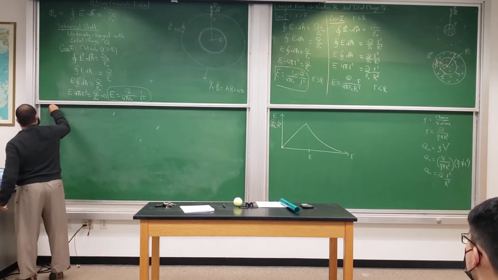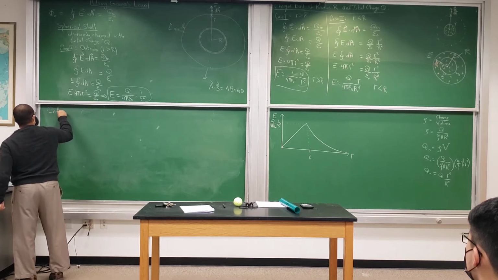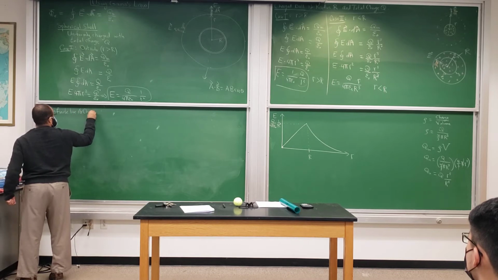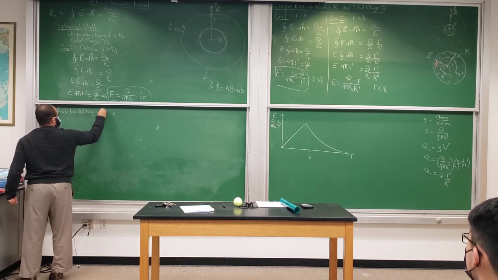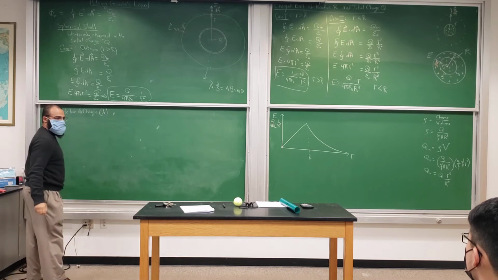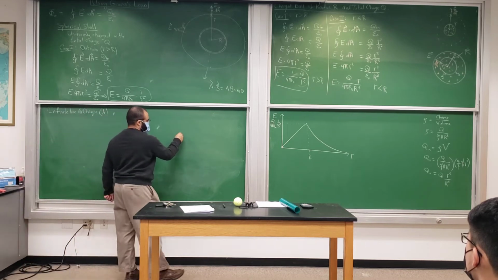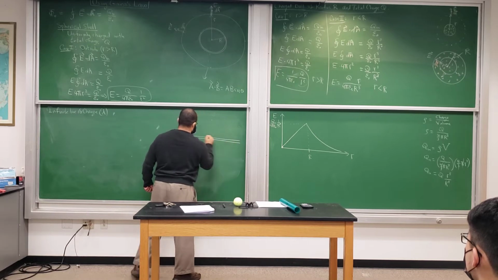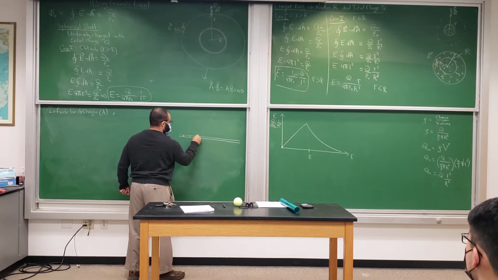So for an infinite line of charge, we know the answer. We did it by direct integration. It's uniformly charged, and the charge density is lambda. So here's the line of charge. This is plus.